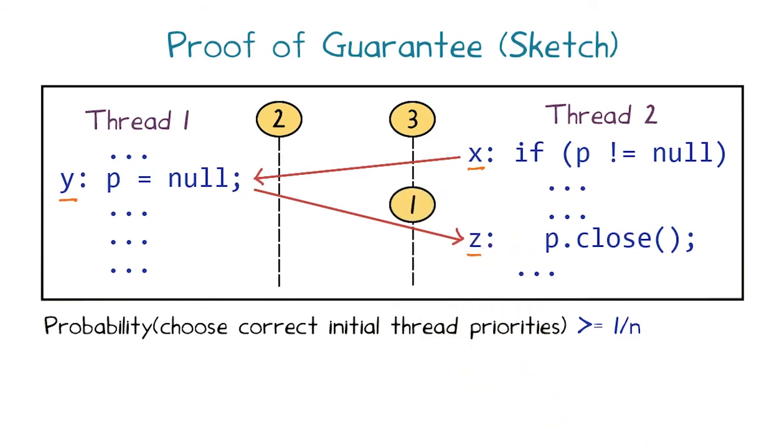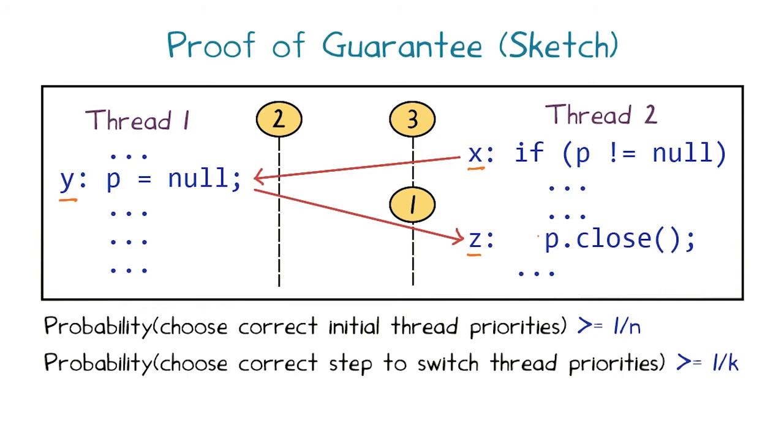For example, before executing statement Z, thread 2 is assigned a lower priority of 1. Since Cuzz picks the statements where the thread priorities are changed uniformly over all statements, the probability of picking somewhere between statement X and statement Z to change the priorities is at least 1/k. Recall that k is the number of statements executed by the program.